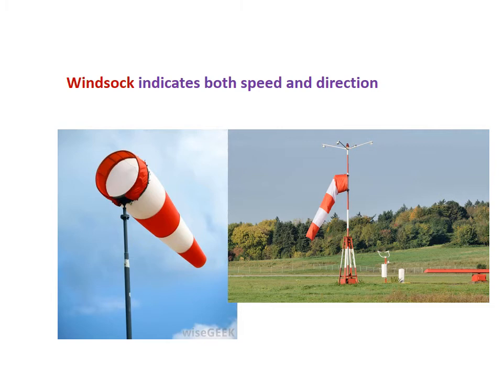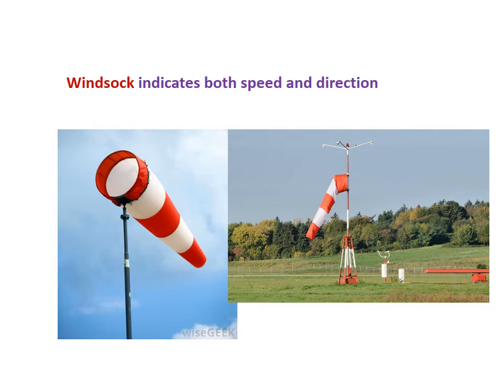So what it does: when the wind is blowing, it is caught inside this ring and goes through the cloth sleeve. Then it turns into different directions depending upon the wind direction.